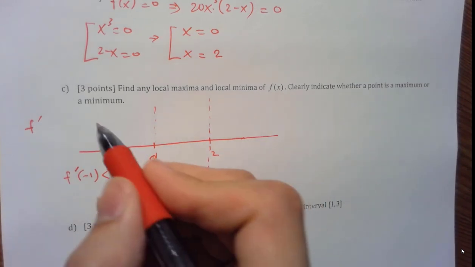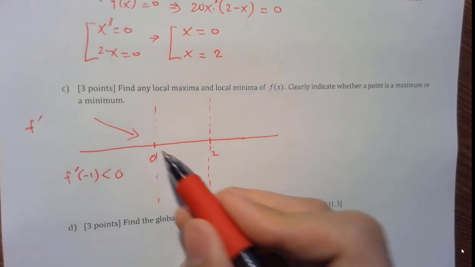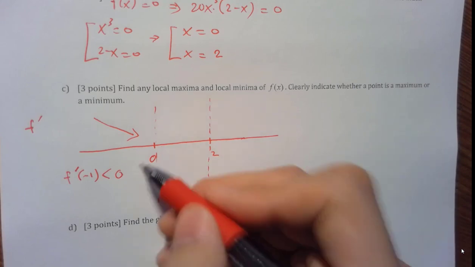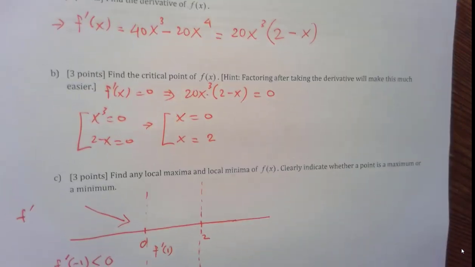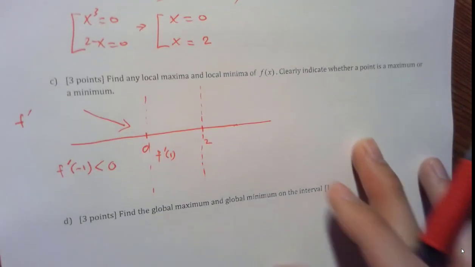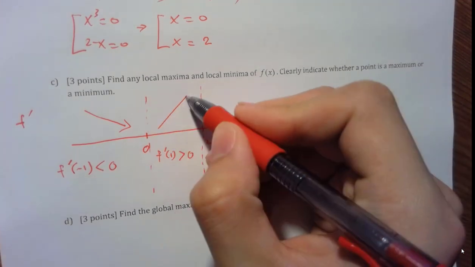That means the function is decreasing. Between 0 and 2, let's pick 1. Plugging 1 into f prime, I get some number bigger than 0, so the function is increasing.